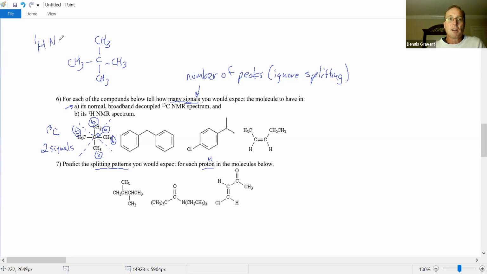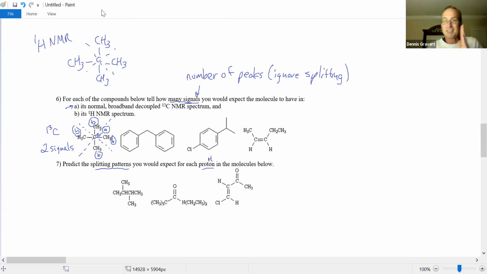In the hydrogen NMR, every hydrogen atom gives a peak. So this carbon is not going to produce a peak in the hydrogen NMR. It's invisible. Only these 12 hydrogens would produce a peak. But we just talked about how they're all symmetric, all equivalent. So these 3 hydrogens are equivalent to each other because they're attached to the same carbon.